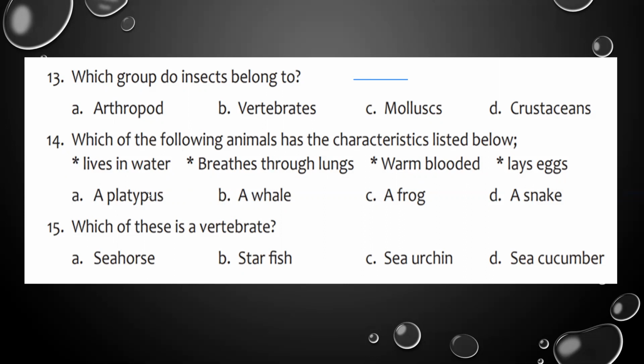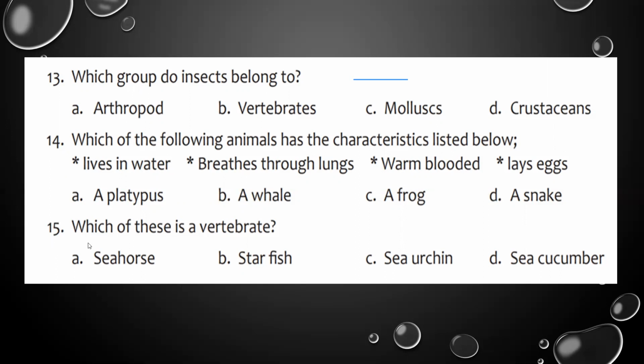Which of these animals has these characteristics? A, platypus. B, a whale. C, a frog. D, a snake. Remember, warm-blooded, they lay eggs, they breathe through their lungs, they live in water.